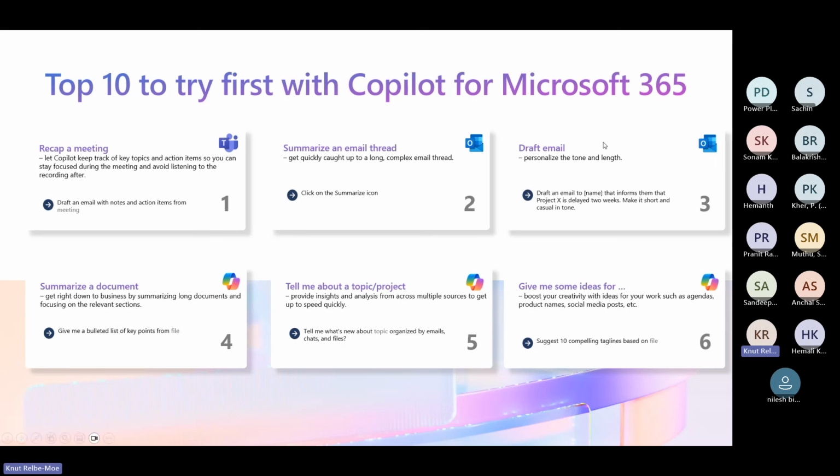We can ask it to tell me about a topic and the project. We can also ask it to give some ideas, for instance, give me a bullet list of key points from a file. We can ask, tell me what's new about a topic organized by emails, chats, and files, or suggest 10 compelling taglines based on a file. We have all these possibilities that we can utilize here.